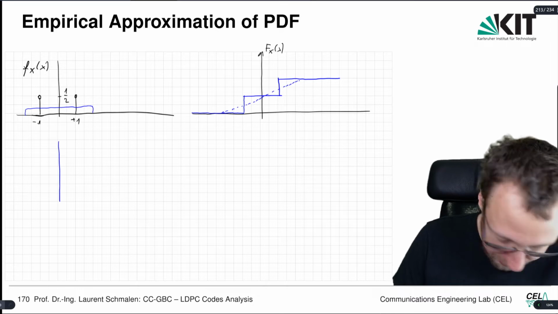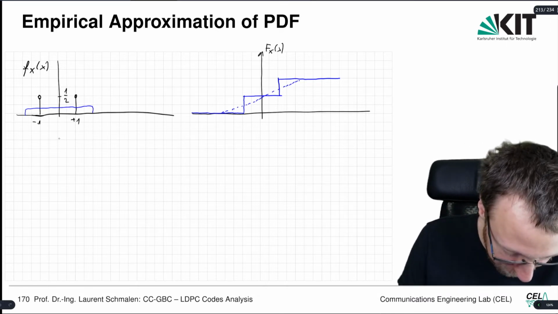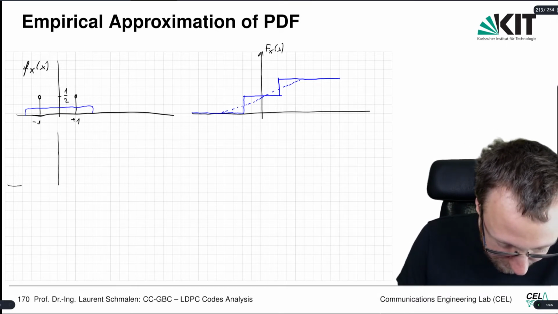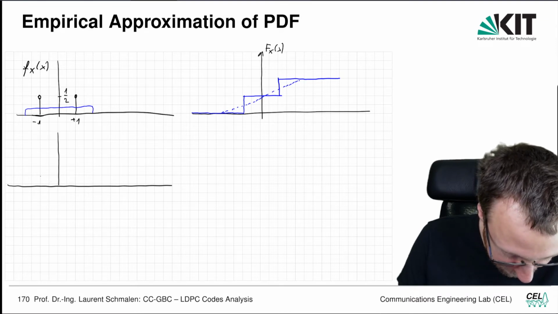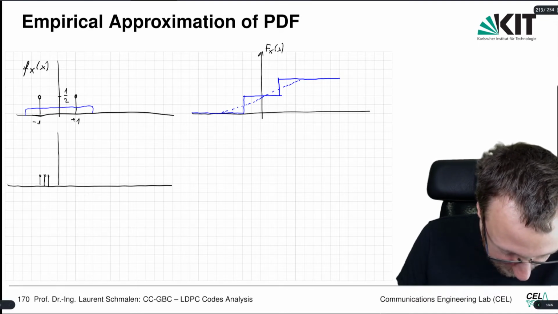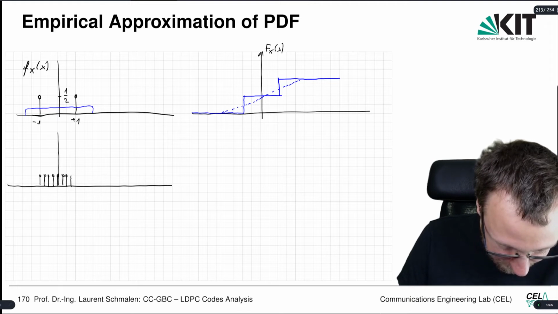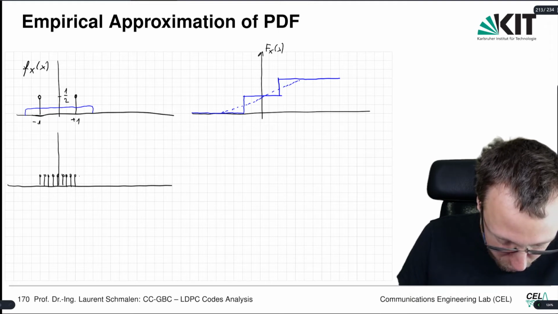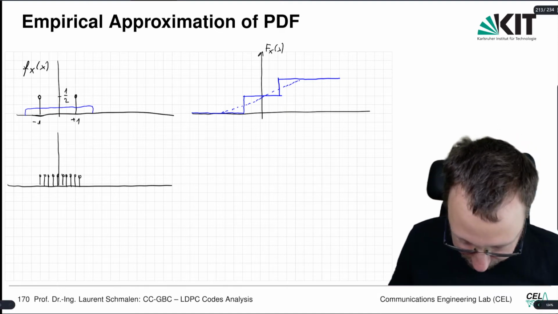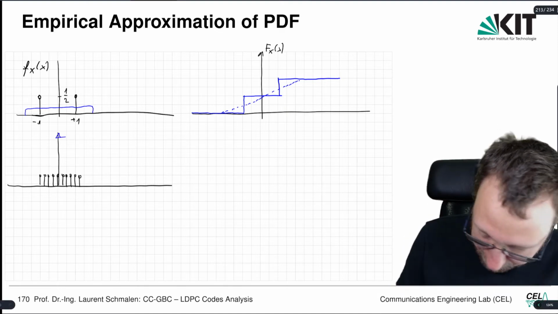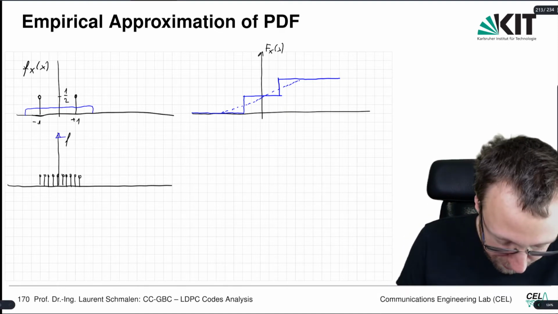So let's look at a second example where you have many of those Diracs. Let's say you have Diracs that look like this. They are uniformly spaced in this range. This would be F of x, so the CDF.